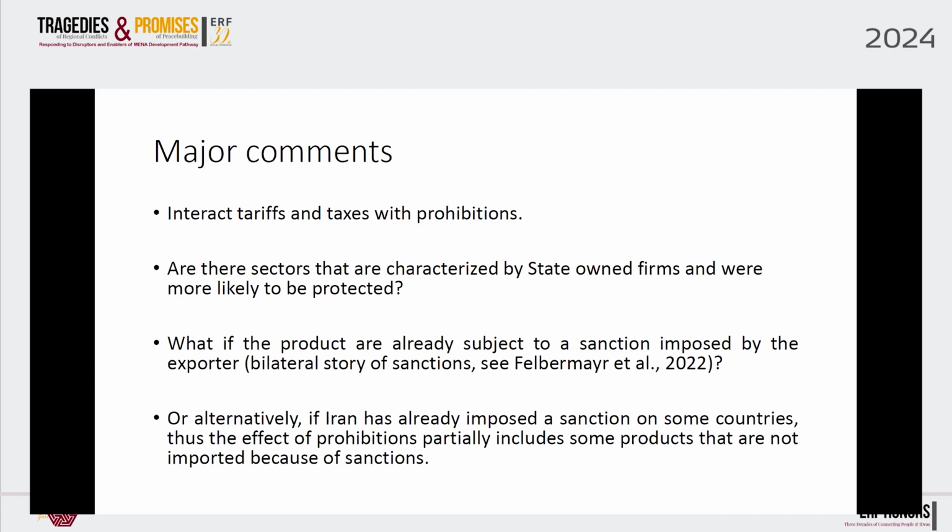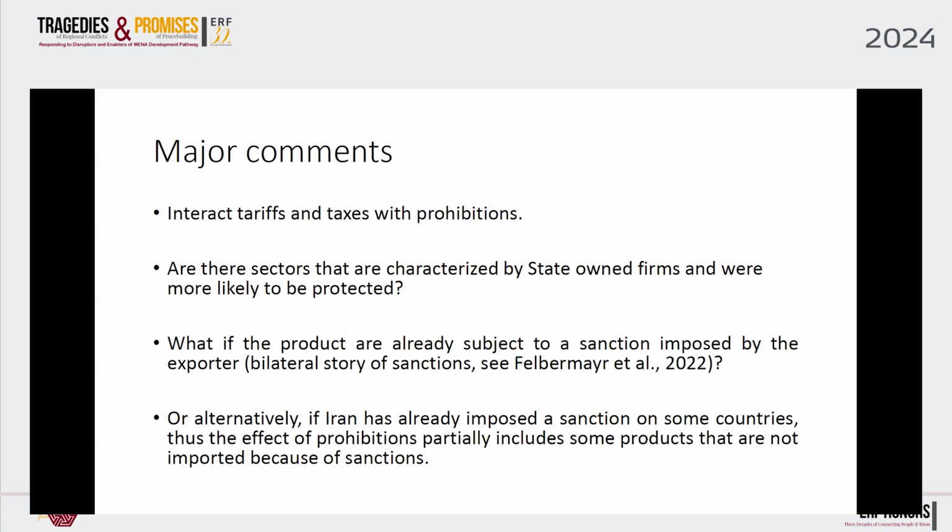And that's why we do not observe an effect of the prohibition policy, because those products are not exported in all cases because of these sanctions.